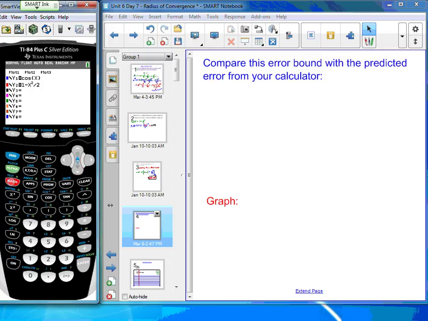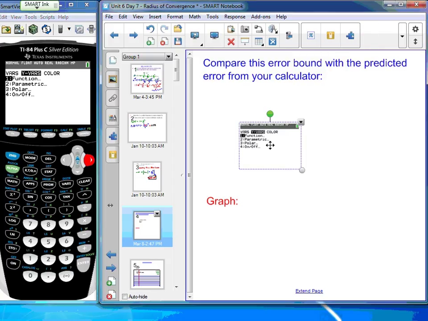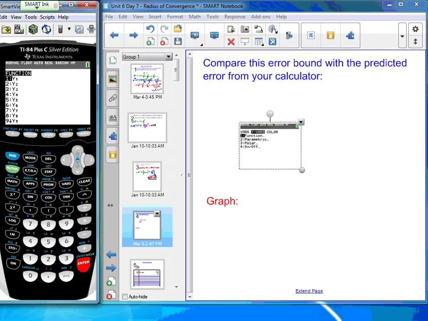So how would I do that? Math, num, abs, y1, so that comes from the Y-VARS function menu, y1 minus Y-VARS function y2.